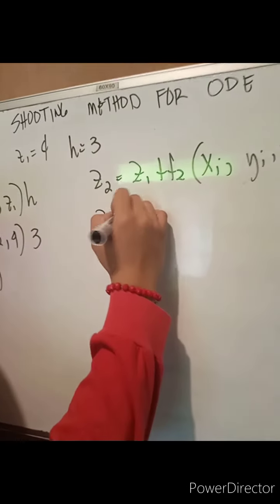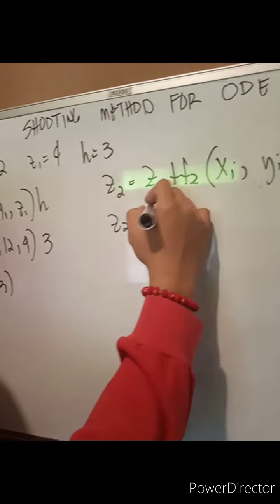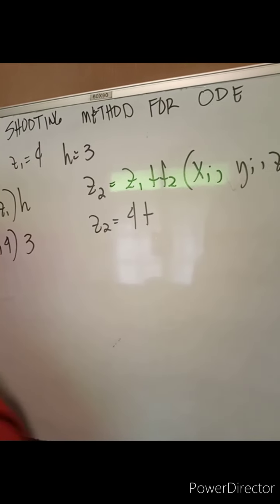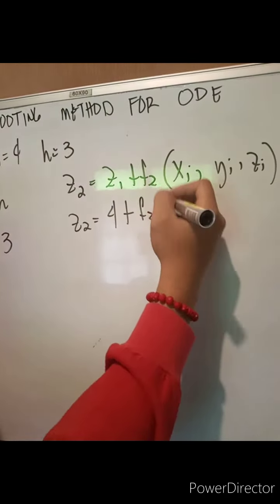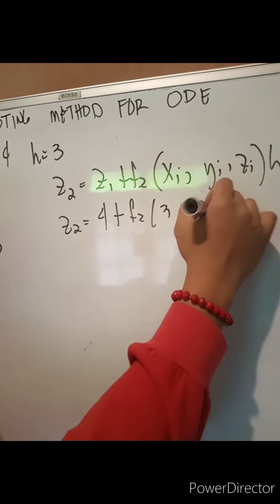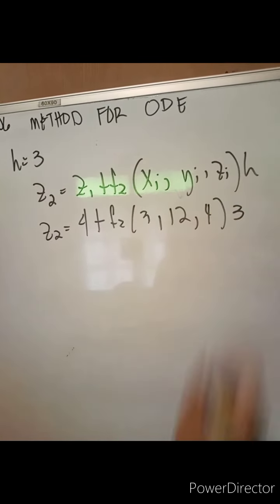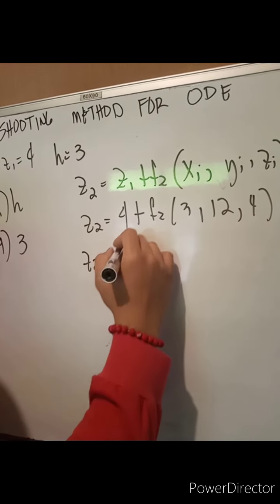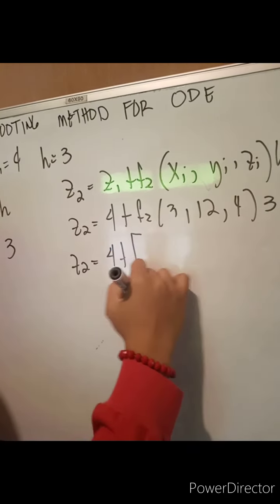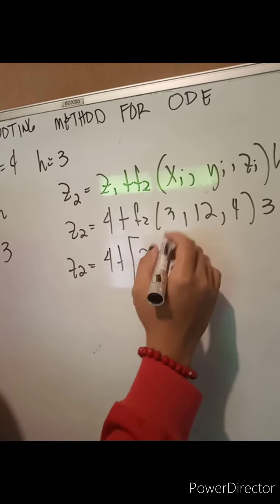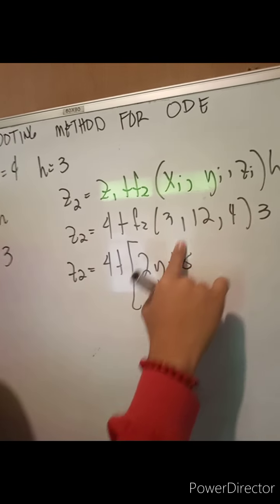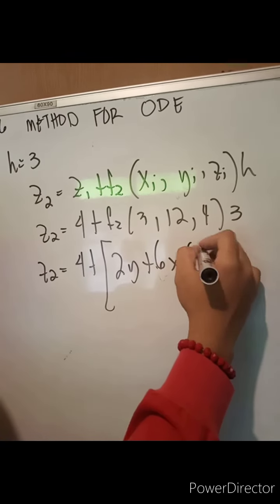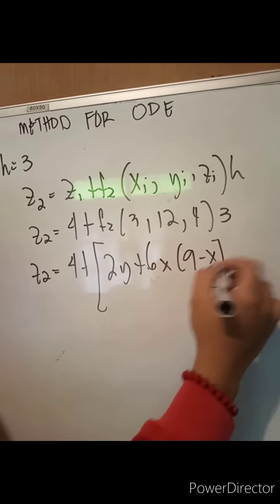Tapos magiging itsura nito, z sub 1 natin is 4 plus yung function ng 2, tapos yung (x sub 1, y sub 1, z sub 1) natin is 3, 12, 4 times 3. So magiging ito yung itsura niya: 4 plus 2y plus 6x times 9 minus x times 3.